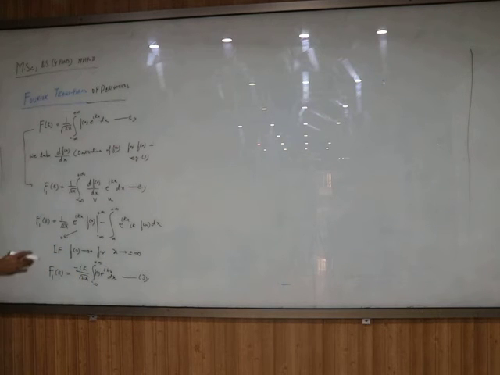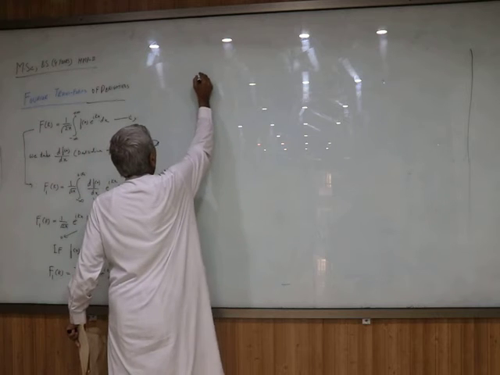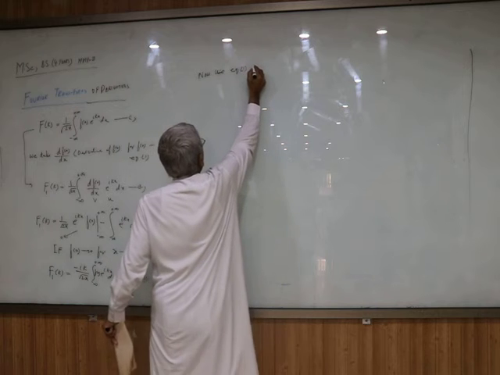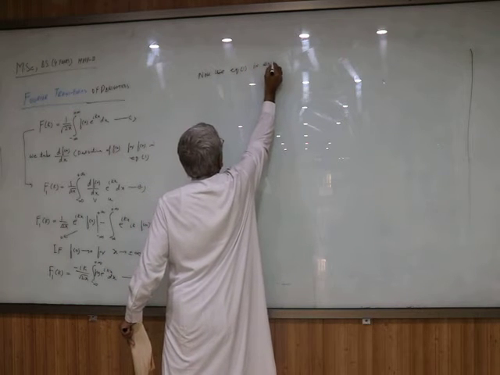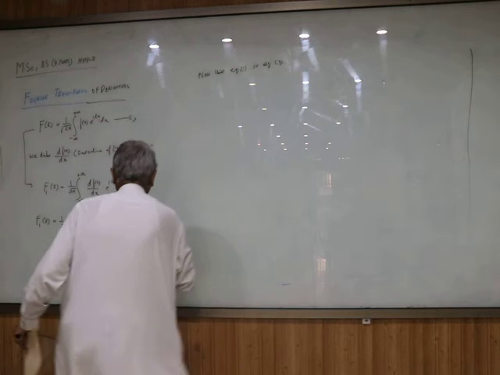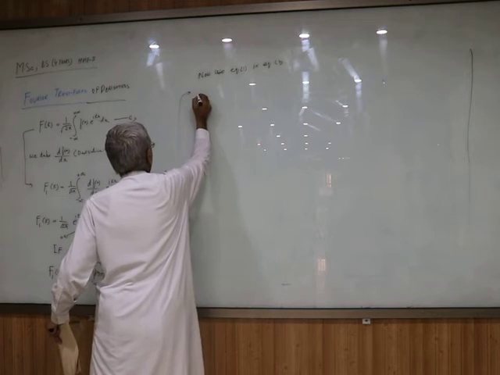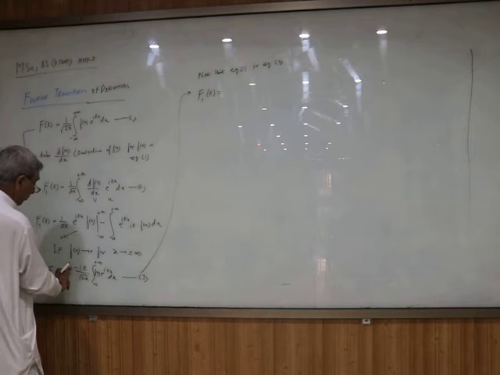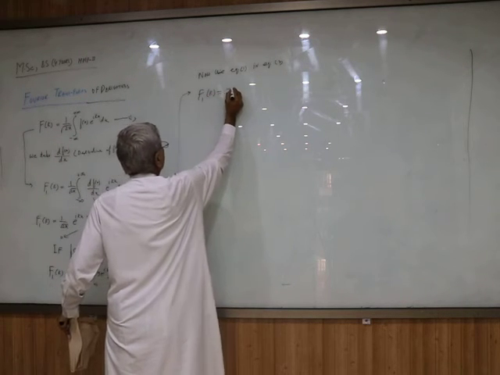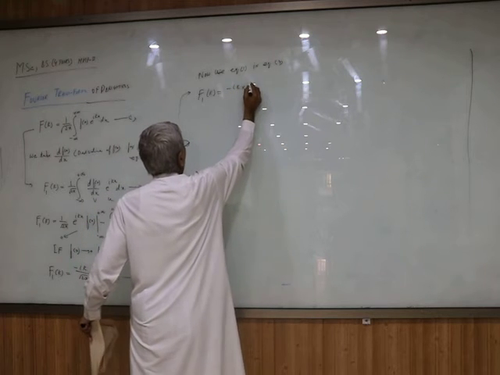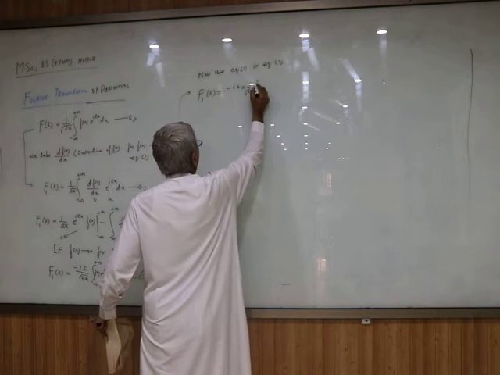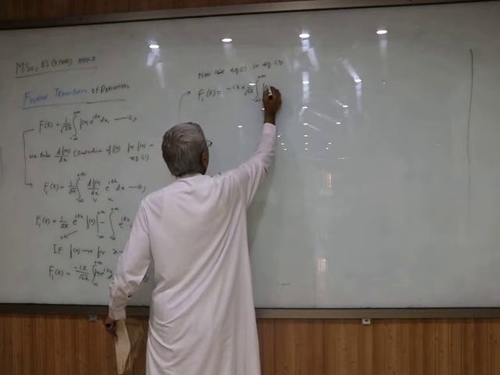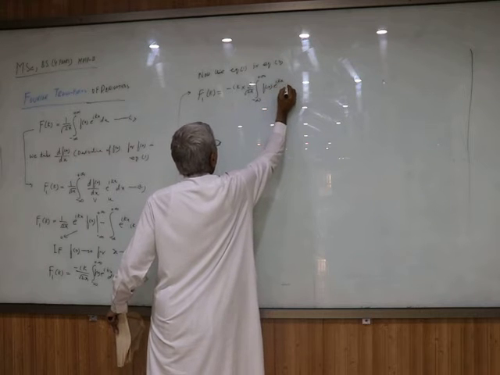Now use equation 1 in equation 3. Look, so what I am going to do, f1(k) is equal to minus ik into 1 over square root of 2 pi, integral from minus infinity to plus infinity f(x) e raised to ikx dx.